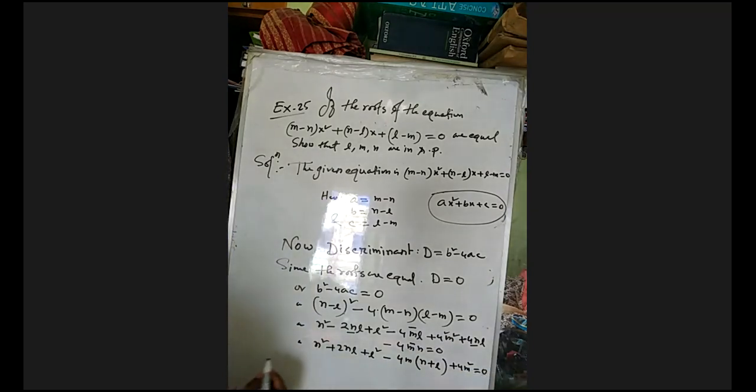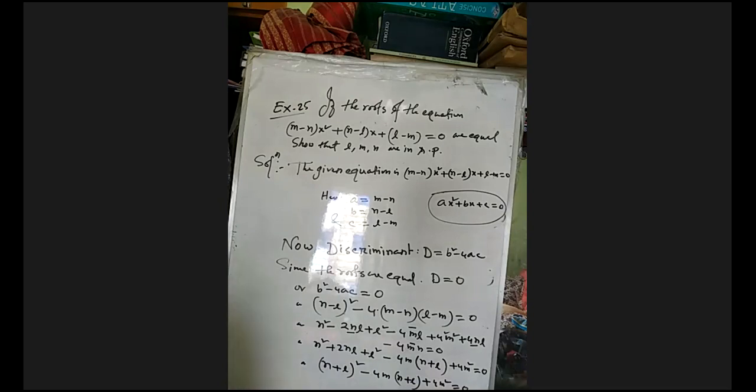So we can write (n plus l) whole square minus 4m (n plus l) plus 4m square equals 0.